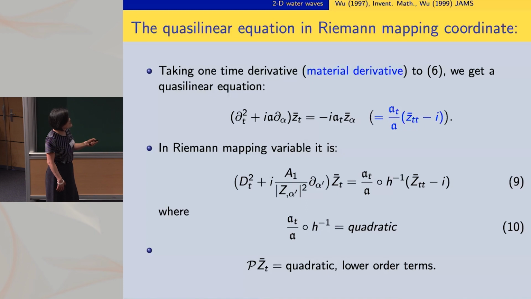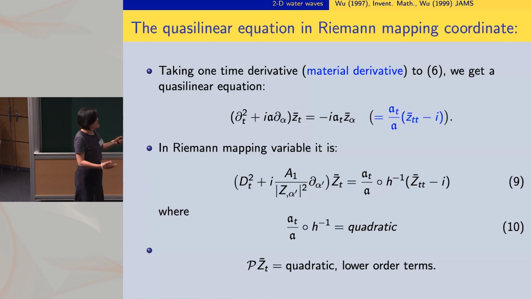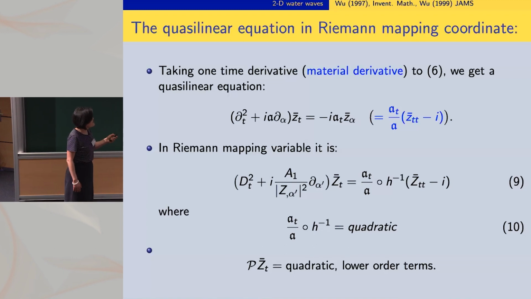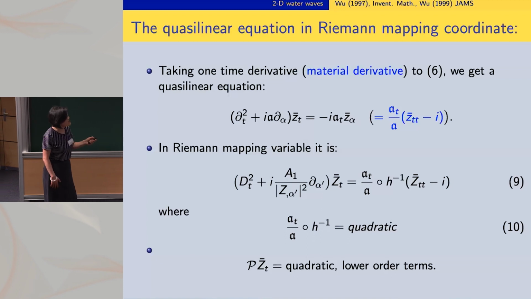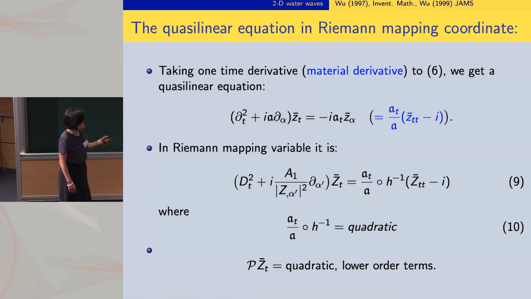This is the right-hand side, and we do have a formula for this quantity, which you can write down explicitly, and it's a lower order term. The key point here is that by now we only know it's quadratic. Of course it's a nonlinear equation, so there are quadratic nonlinear terms.